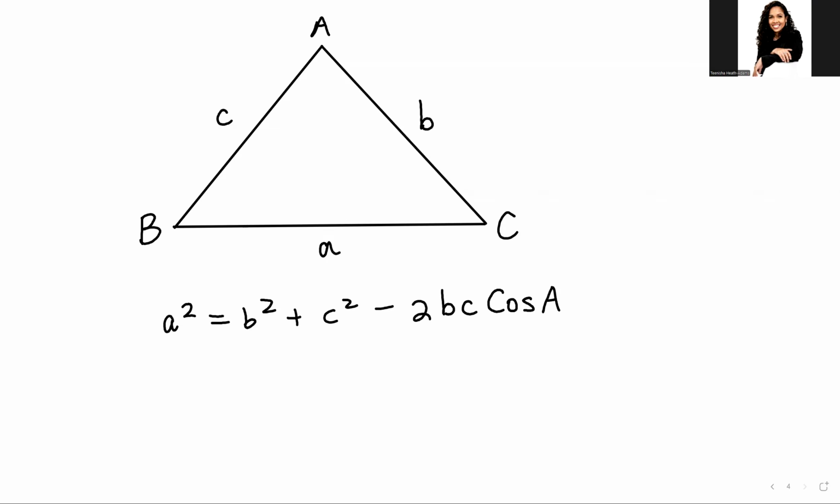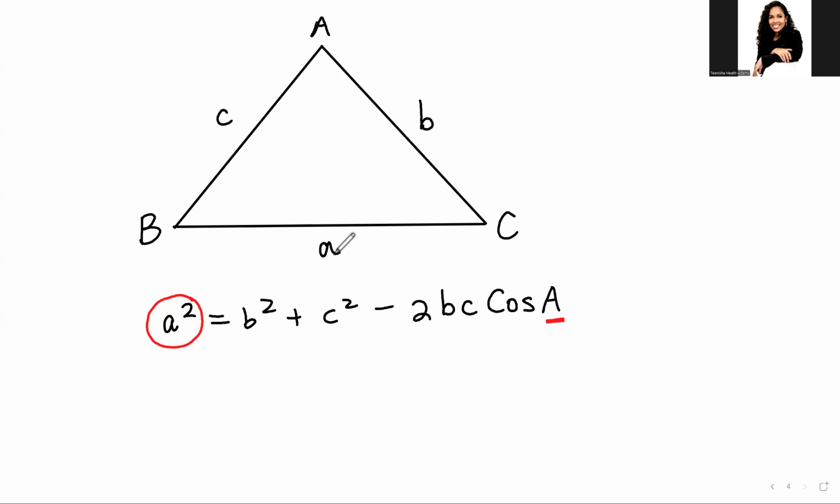The formula, by the way, is given to you in your list of formulae, but whatever is the subject here, is the cos of the angle opposite that side. So if a squared is the subject, if you're trying to find a, then you would use a squared as the subject.